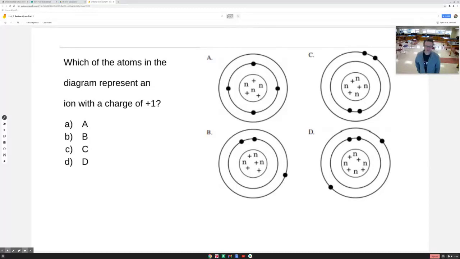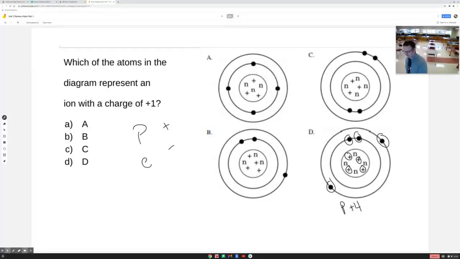Which of these has a charge of +1? So this goes back to the protons and electrons making ions. In order for there to be a charge, protons, remember, are positive, electrons are negative. So when you count the protons and electrons, if you have the same number, there's no charge. For example, here I have 1, 2, 3, 4 protons and 1, 2, 3, 4 electrons.